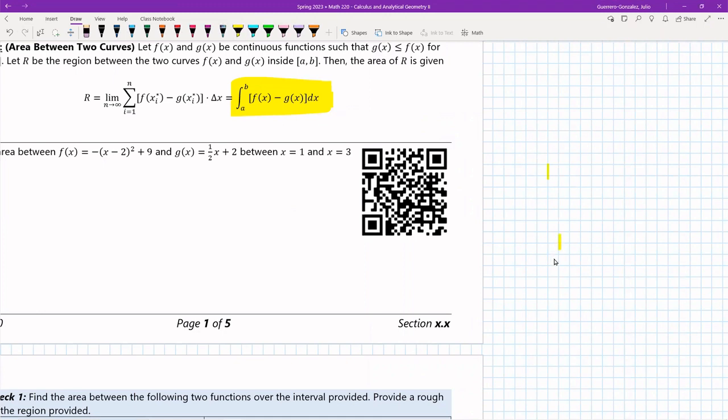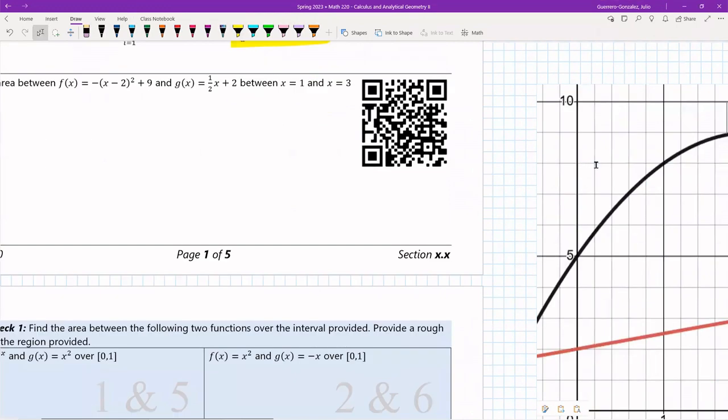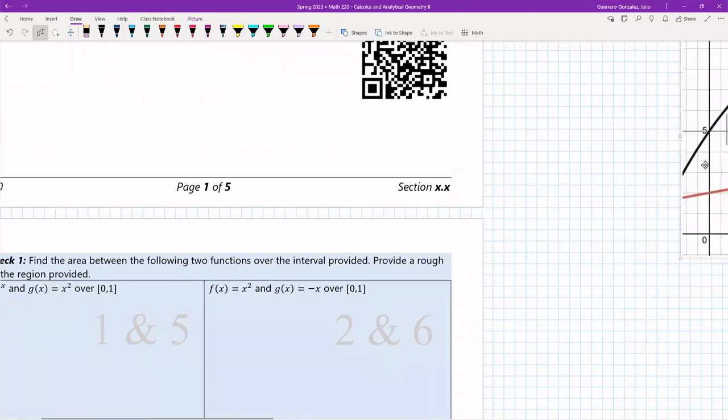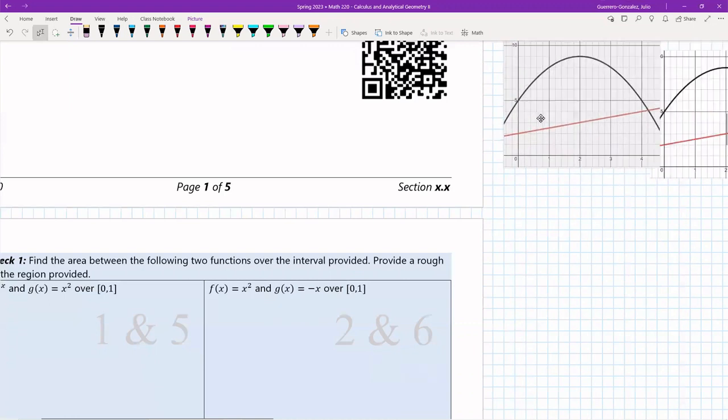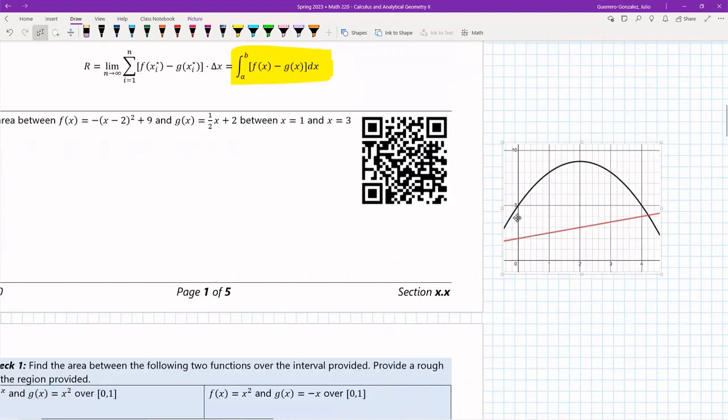Whenever my notes want to decide to work. Awesome. There we are, okay. So I've just gone ahead and thrown that picture of ours in our notes, okay?